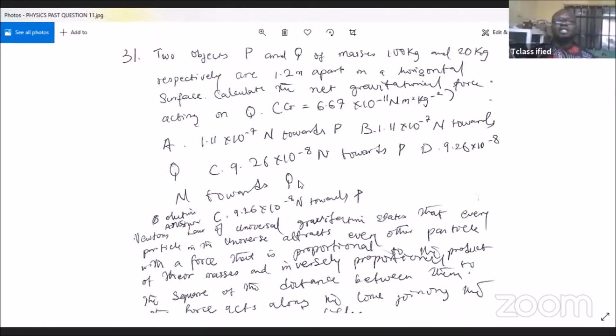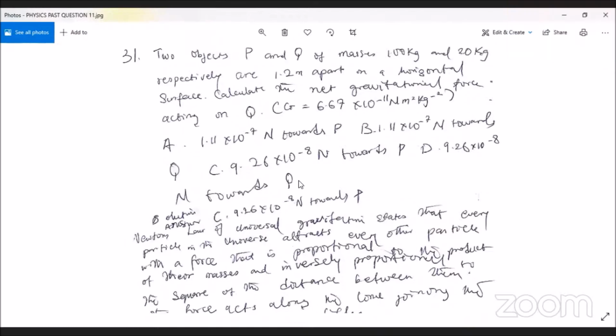Okay, two objects P and Q of masses 100 kg and 20 kg respectively are 1.2 meters apart on a horizontal surface. Calculate the net gravitational force acting on Q. G is equal to 6.67 times 10 to the power minus 11 newton meter squared per kg squared.